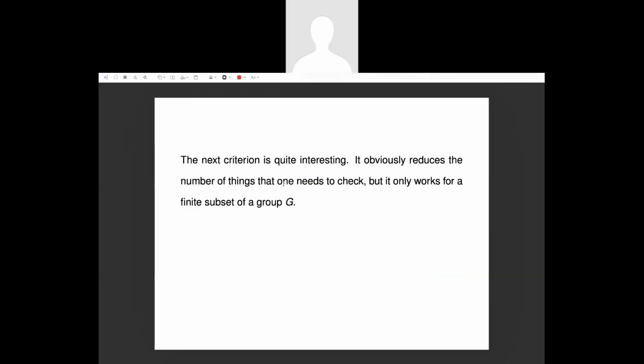Our next criterion is quite interesting. It obviously reduces the number of things that one needs to check, but it only works for a finite subset of a group, not all.